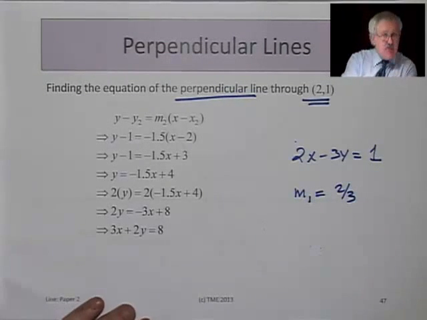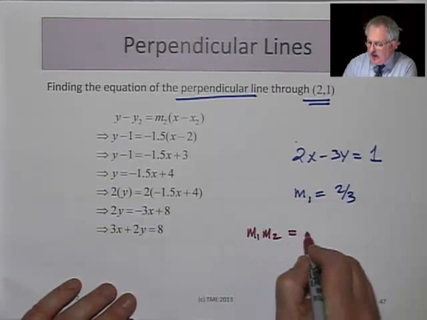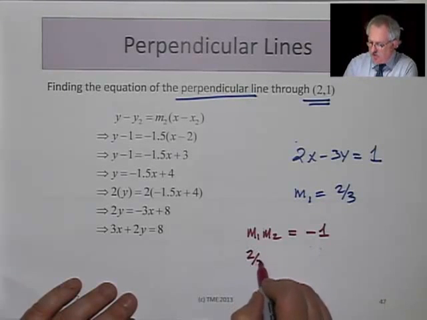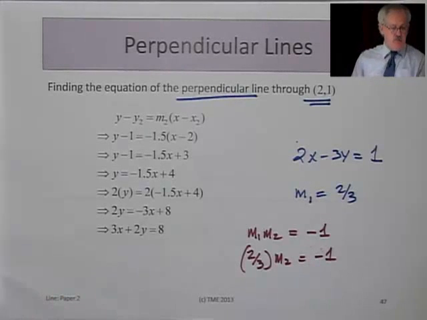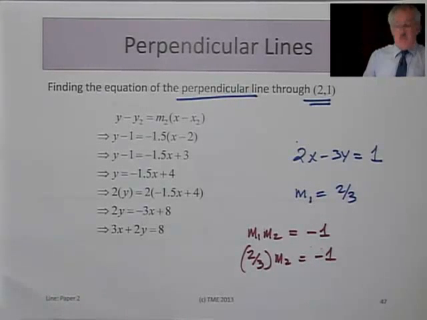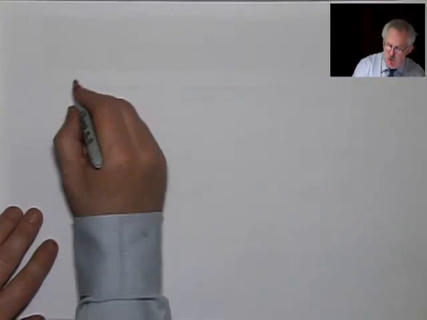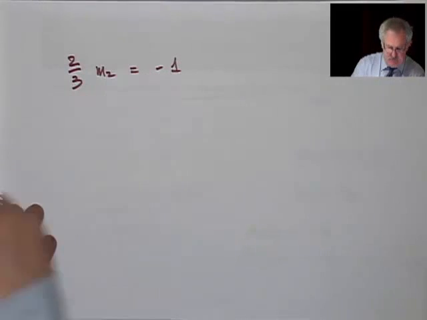By definition, for the perpendicular one, m1 times m2 has to be equal to minus 1. So 2 over 3 times m2 has to be minus 1. This is just equations now. We're going to figure out what m2 is.